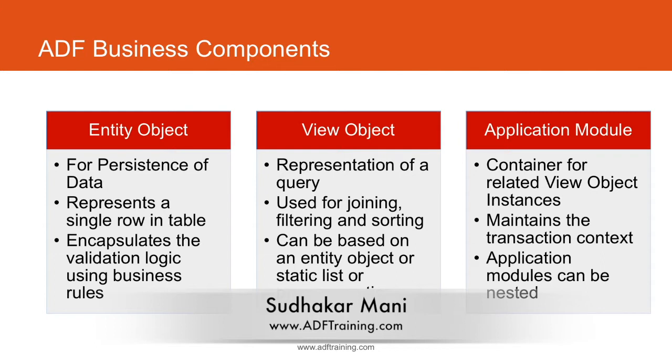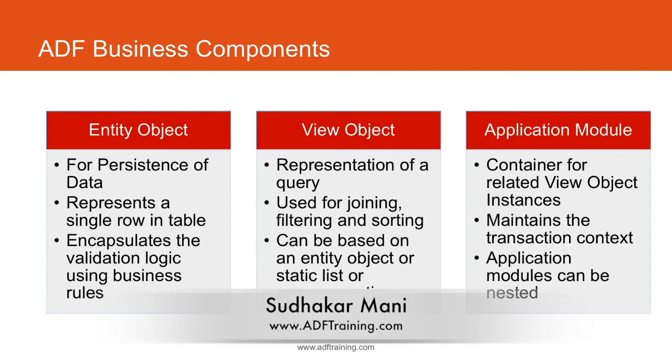The view object is a representation of the view layer, the view data to the user interface, and in most of the times, it represents a simple select query. And it can be used for joining, filtering, and sorting of data. The view objects can be based on entity object, or it can be directly created programmatically as well.